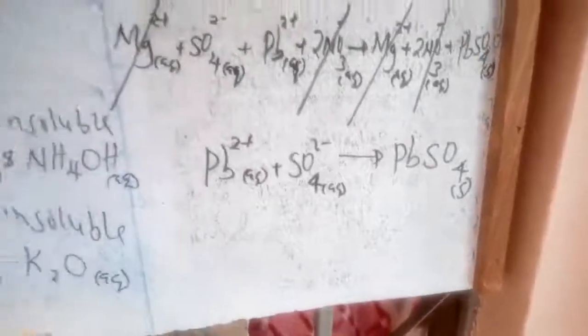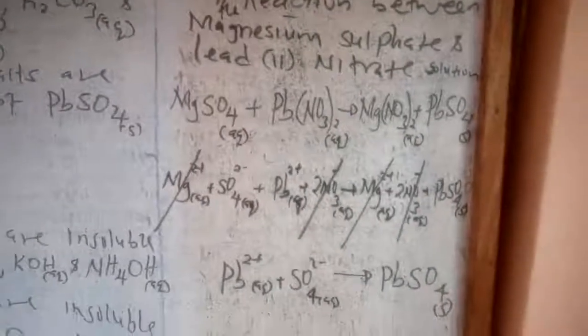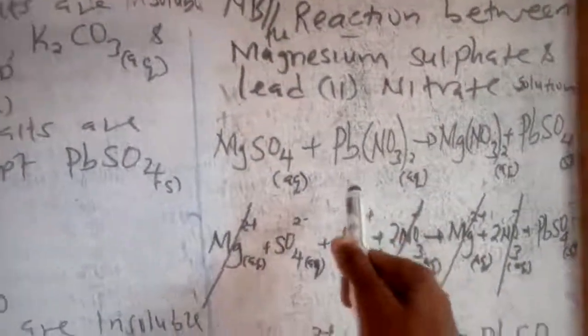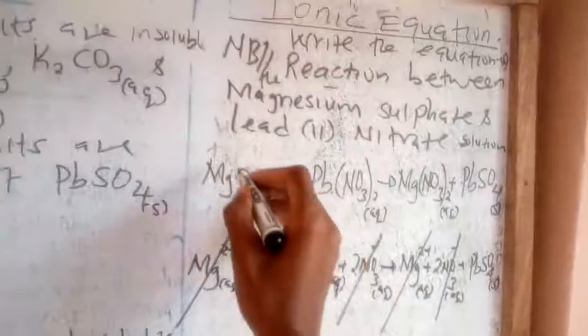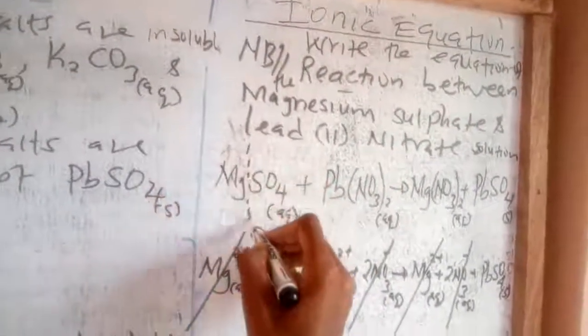And therefore the two soluble salts, initially we had a soluble salt, magnesium sulfate, reacted with lead 2 nitrate salt solution, whereby each salt went through decomposition: the magnesium sulfate decomposed into magnesium ions and sulfate ions.